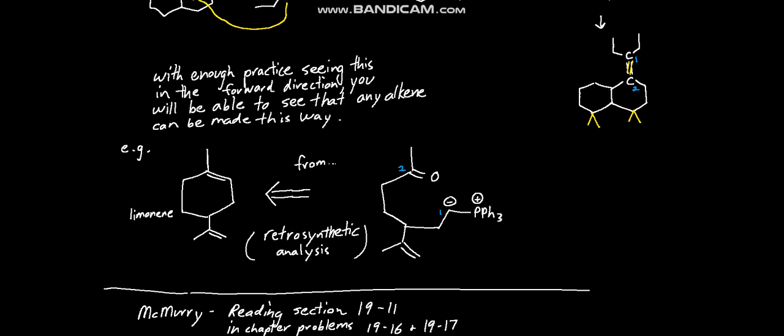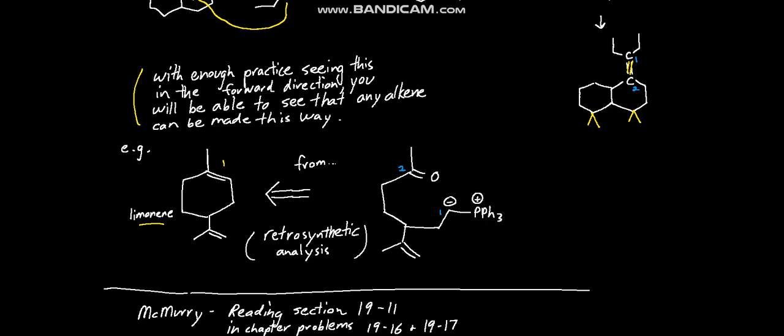So, with enough practice in the forward direction of these reactions, you should be able to see that almost any alkene can be made using the Wittig reaction. Here's an alkene in the molecule limonene. It's in lemons and limes.